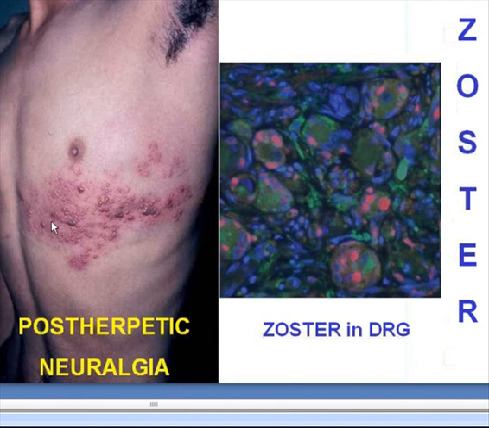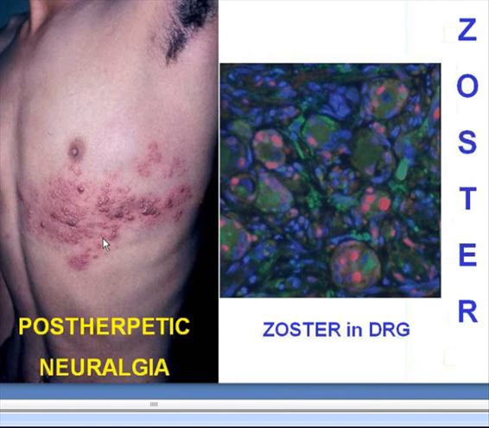Let's talk about the hereditary neuropathies now. These are getting more and more complicated every year. The hereditary neuropathies, because they involve both motor and sensory nerves, have an acronym called HMSN, for hereditary motor and sensory neuropathy. The original one was also called Charcot-Marie-Tooth.